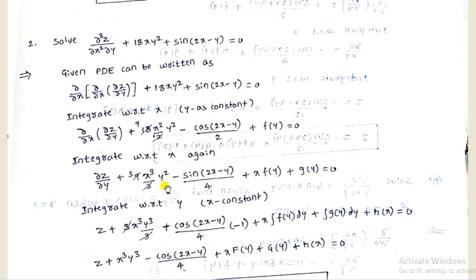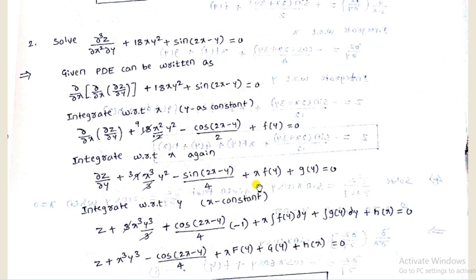Then integrate this function with respect to y and eliminate this del by del y. So the remaining term is z plus x cube, y square becomes y cube by 3, and integration of sine is minus cos, and the derivative of minus y is minus 1. So minus into minus gives plus here.